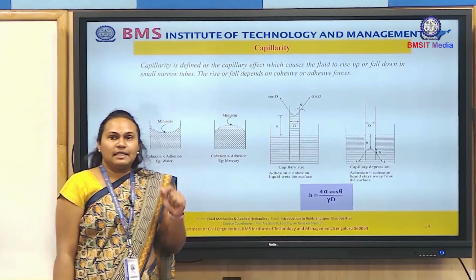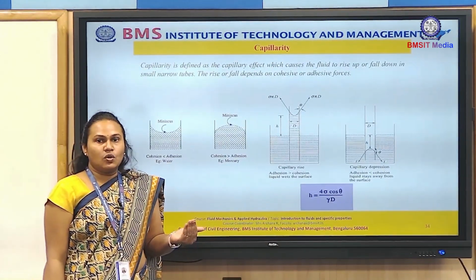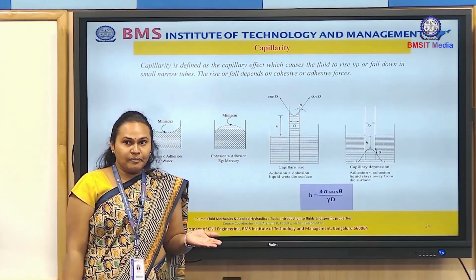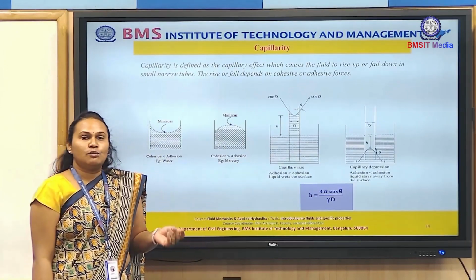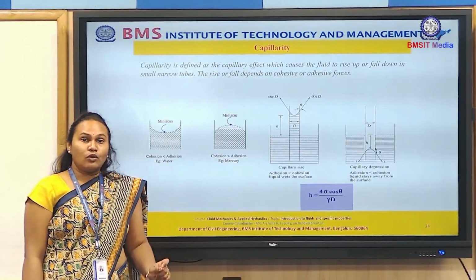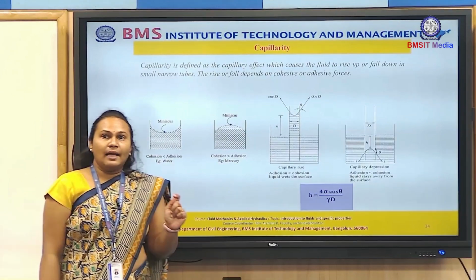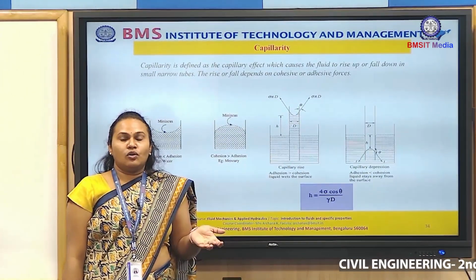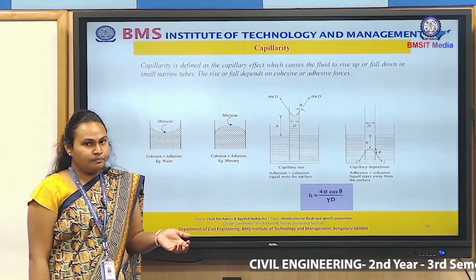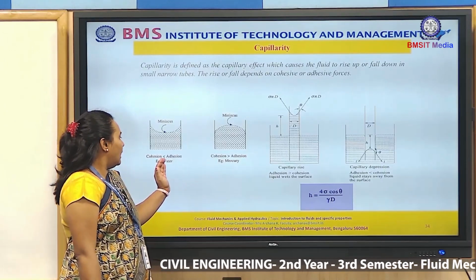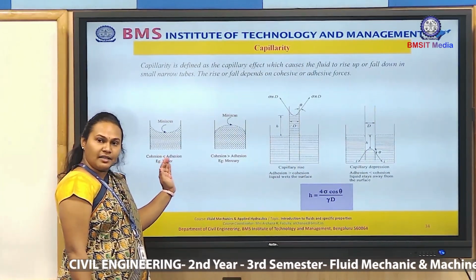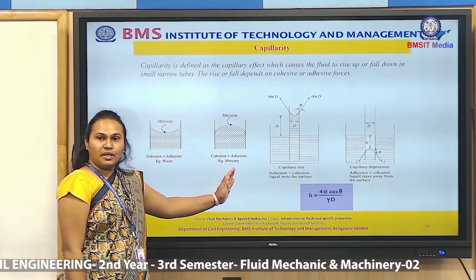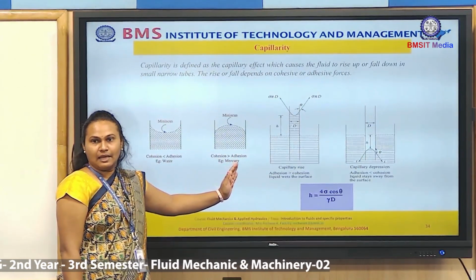Now, capillarity is defined as the capillary effect which causes the fluid to rise up or fall down in a small narrow test tube or narrow tubes, and the rise and fall depends on cohesive or adhesive force. In water, this is because of adhesion being greater than cohesion. Here with mercury, cohesion is greater than adhesion.